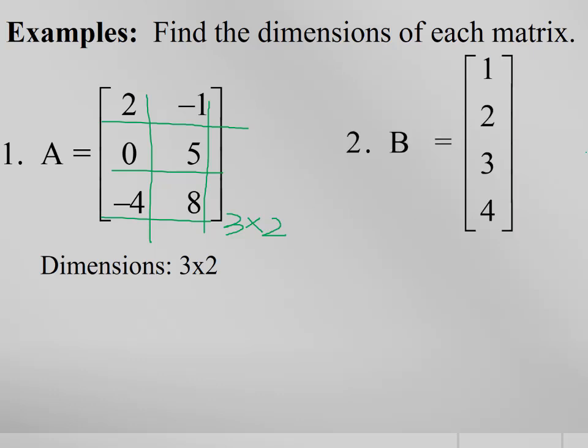Another one, this one. We just have 1 column. How many rows? 4 rows here, so the size is 4 by 1.